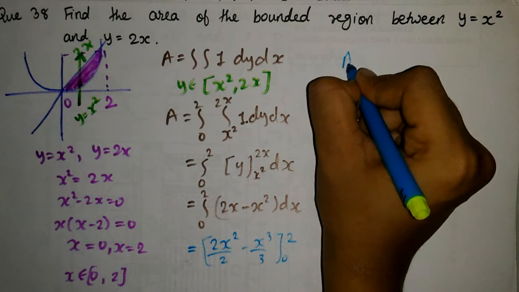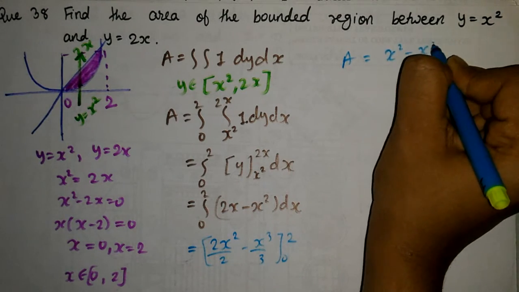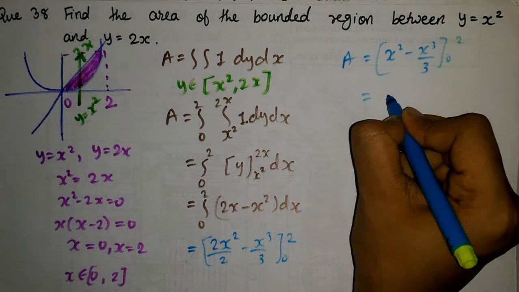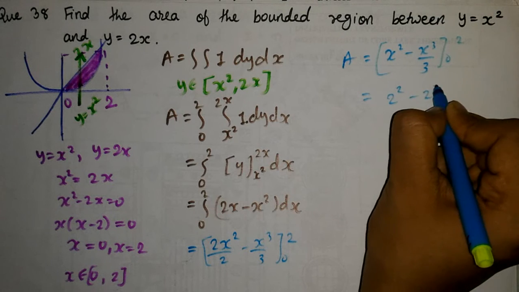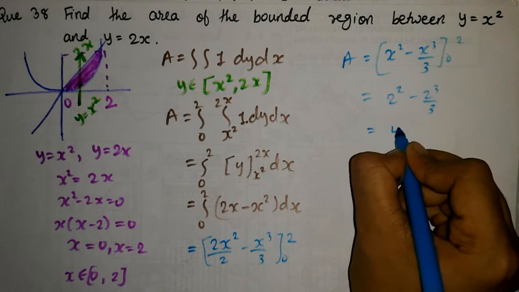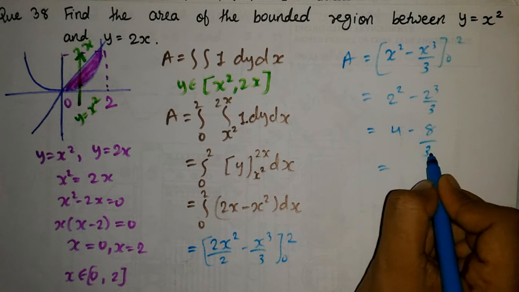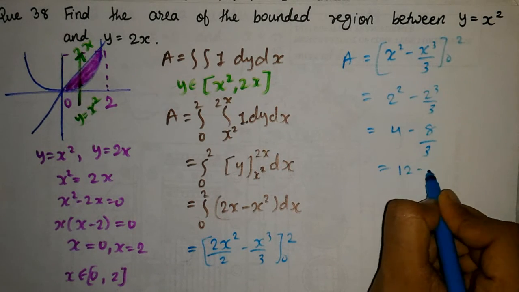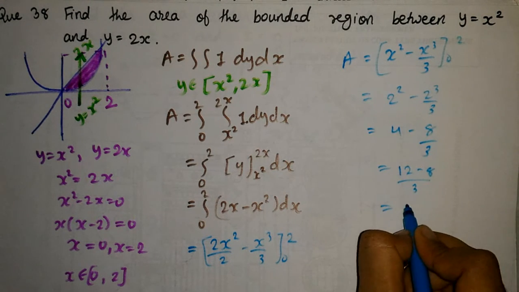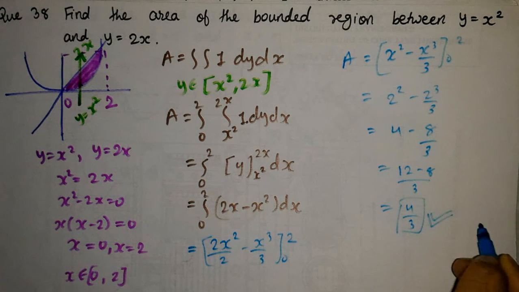So area is equal to, 2 will get cancelled, x square minus x cube by 3 from 0 to 2. So putting upper limit, we get 2 square minus 2 cube by 3, and minus 0 is going to be 0 only. So this is 4 minus 8 by 3, since 2 cube is 8. So 4 into 3, 12 minus 8 by 3, that is equal to 12 minus 8 is 4, 4 by 3. 4 by 3 is our answer.